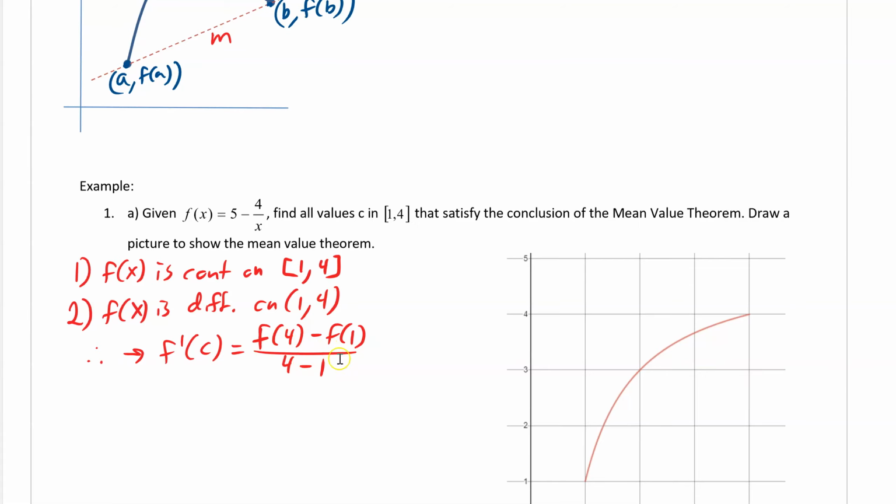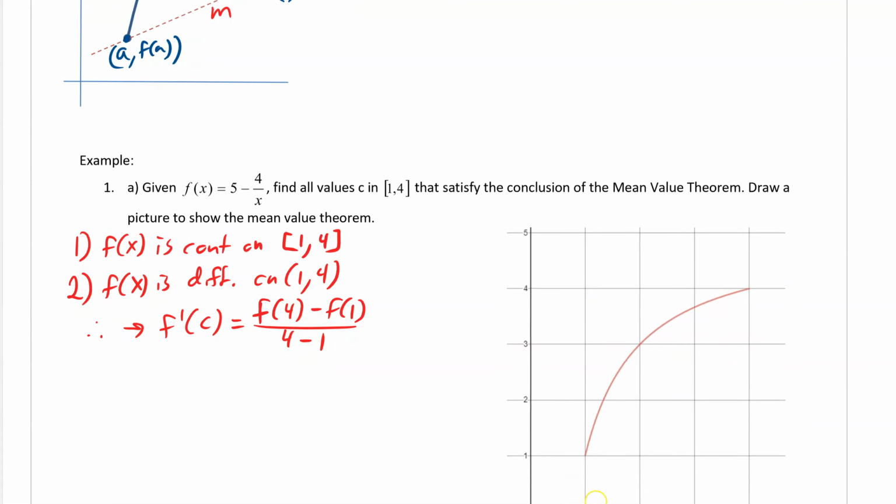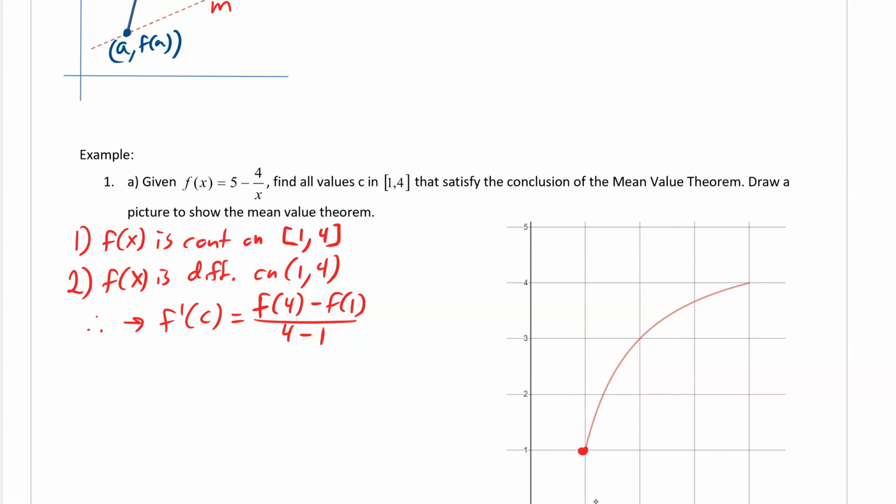So what we're going to do first is take our 2 points for our graph. I've already graphed it. We have 2 points here, and we're going to draw a little fake line in there and find that slope. Let's find f of 4 first, and then f of 1. We plug our x values, x sub 1 and x sub 2, into our function to give us our y sub 1 and y sub 2.